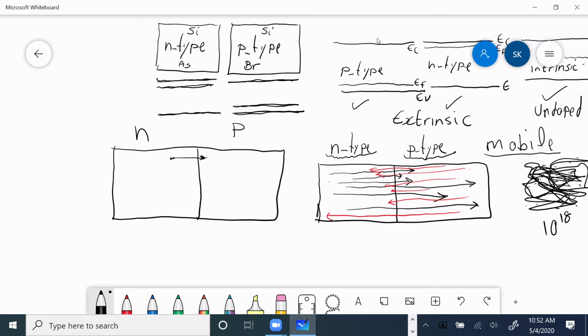They annihilate. And they're neither electron nor hole. When this electron travels here and finds a hole, they're no longer electrons nor holes. Why do we say this?